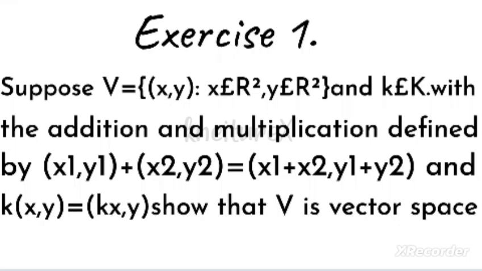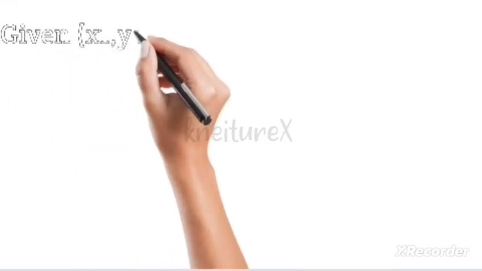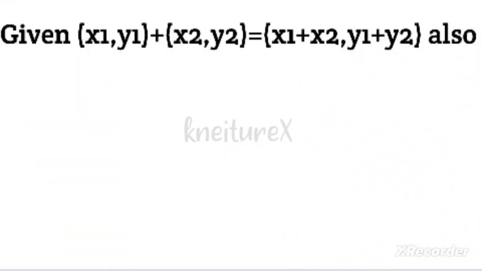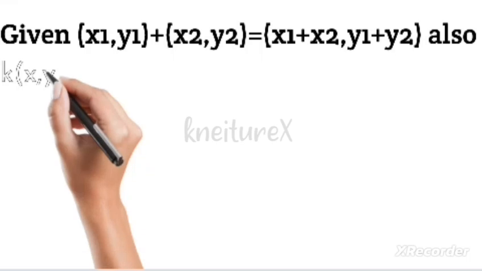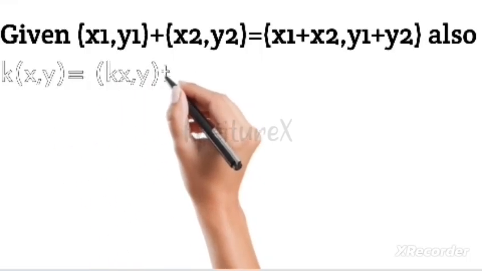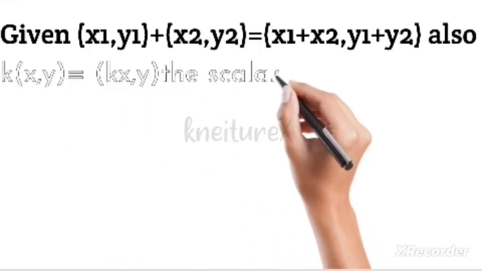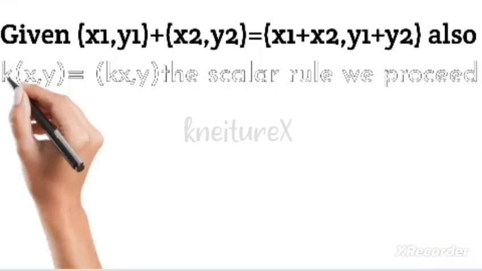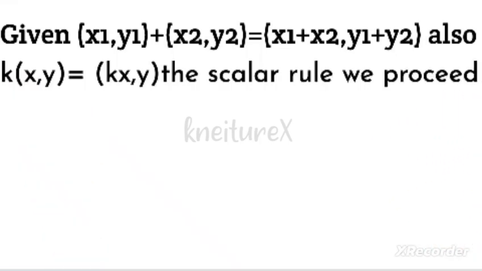So let's quickly look at how we are going to prove whether this is a vector space or it isn't. We need to look at all the 10 properties, and we can take a look at any of these 10 properties. When you look at the commutative law with this vector addition, you will see that if you interchange (x1, y1) with (x2, y2), it is also going to be commutative.